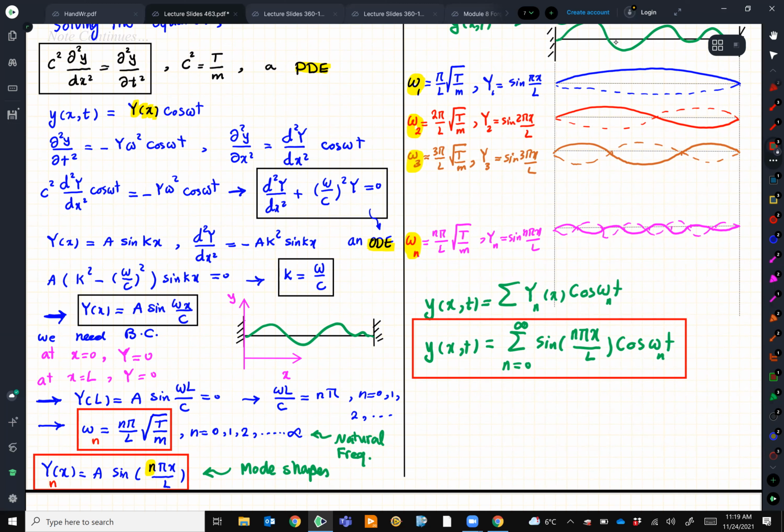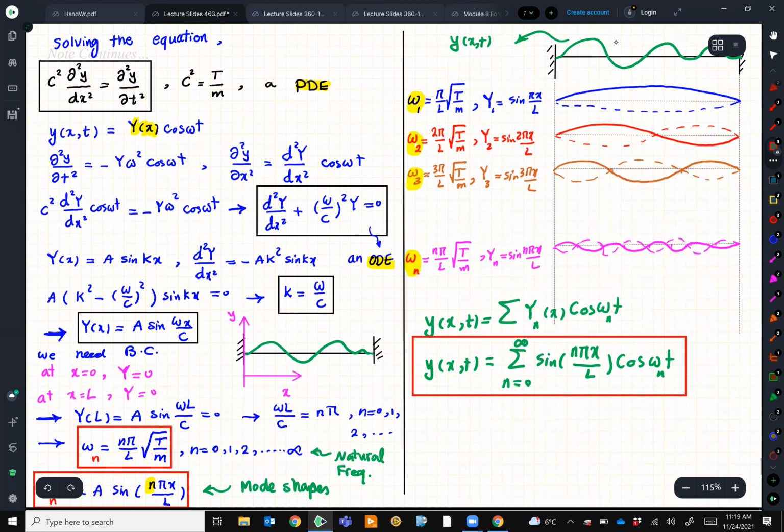All right. So as you can see, omega_n depends on the tension of the string. I wanted to give you a second lab experiment, but I thought it's going to be too much work, so I canceled it. In the second experiment, you need a string or maybe an instrument. You play it and you find the natural frequency by doing FFT.